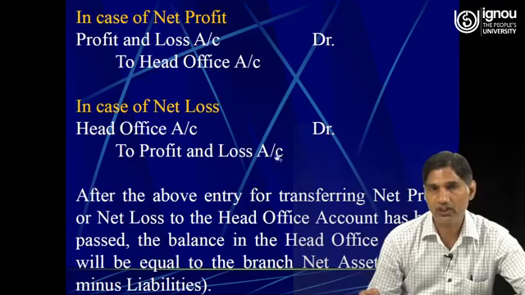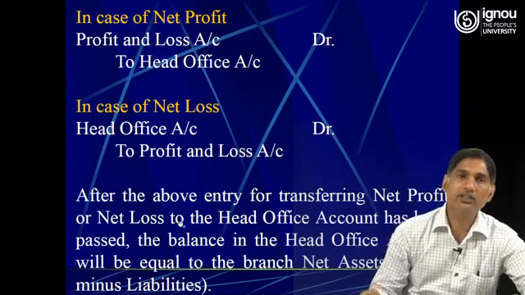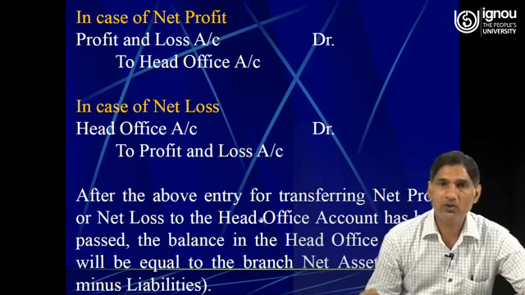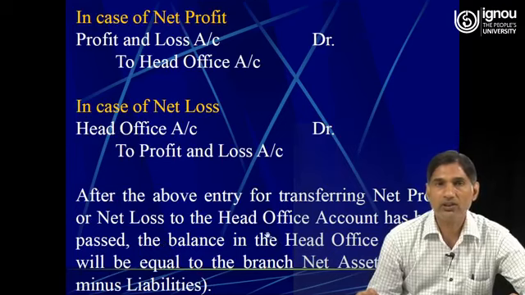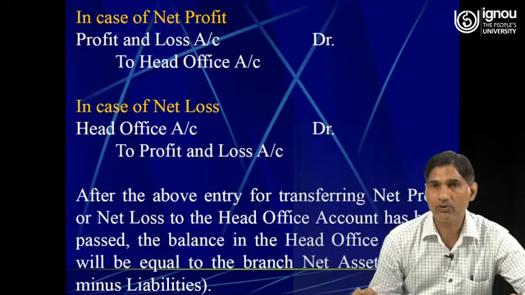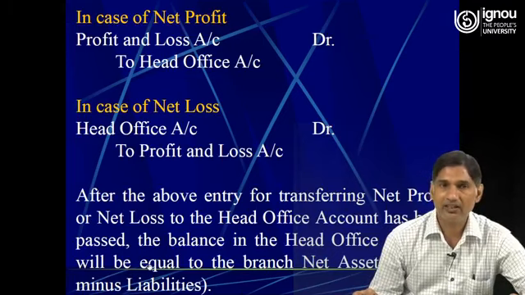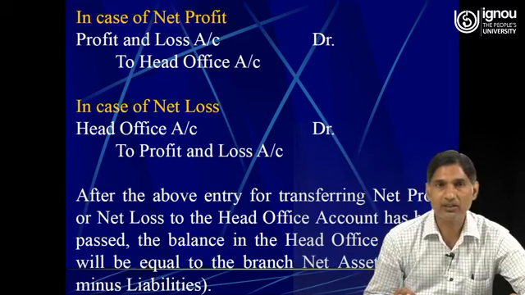After the above entry for transferring the net profit or net loss to the head office account has been passed, the balance in the head office account will be equal to the branch net assets, that is assets minus liabilities. We will arrive at the net assets. Let's see how it has been calculated.